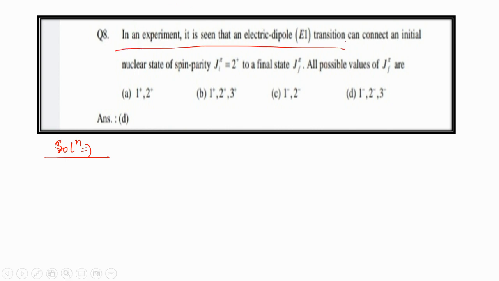if you see, electric dipole transition is going on. You know there is alpha decay and beta decay. Suppose your nucleus undergoes alpha decay.